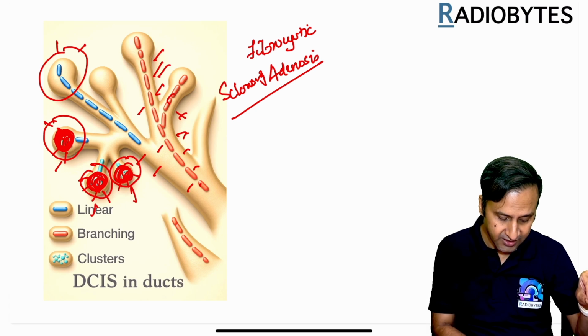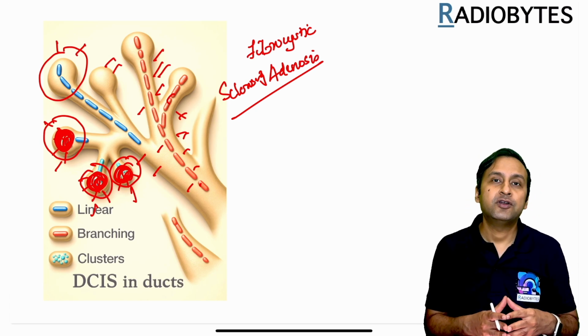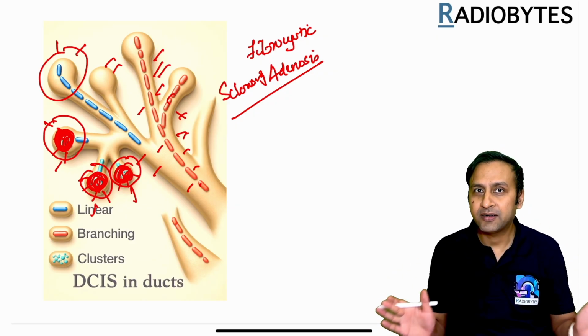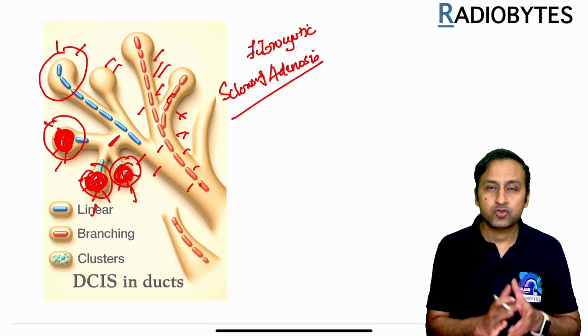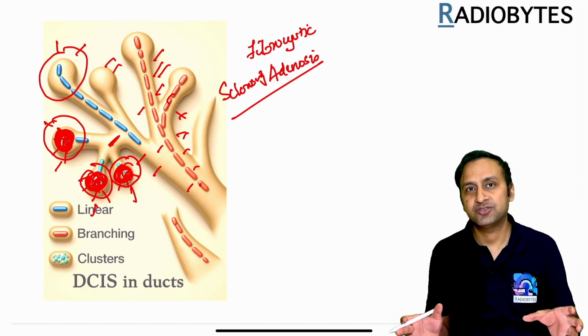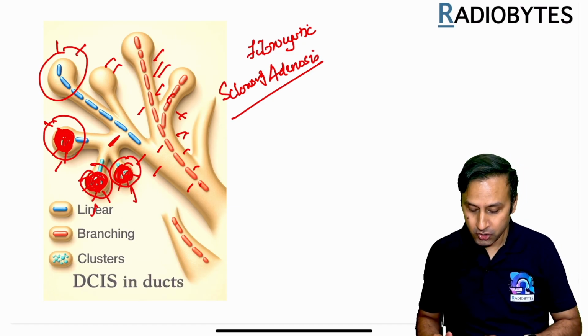Because this is the area where the milk gets produced. So these benign diseases will result in small punctate calcifications which have a more lobular pattern, a more diffuse pattern, because you can see even in one duct we have a number of acini which are connected. So the diseases which affect the acini are more likely to be widespread, bilateral, symmetrical, and they produce round or punctate calcifications which are definitely not suspicious.